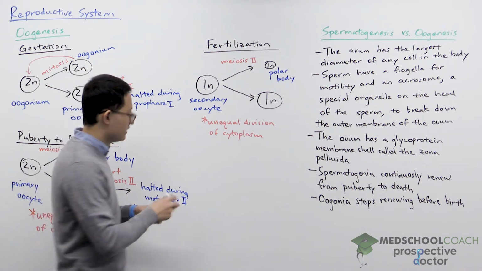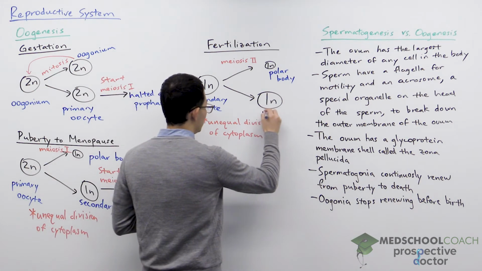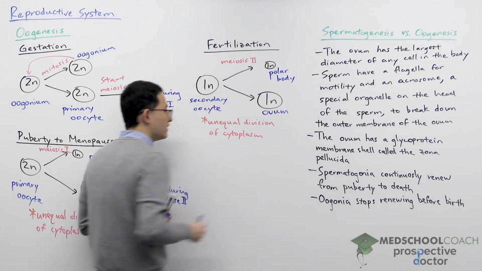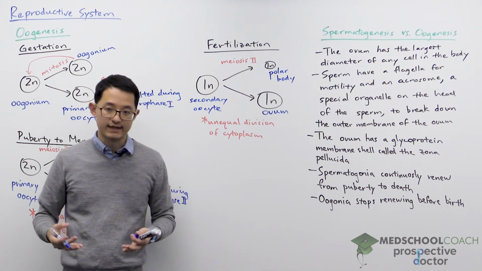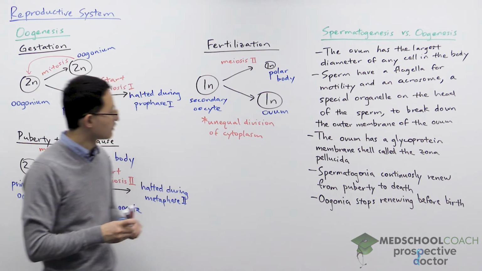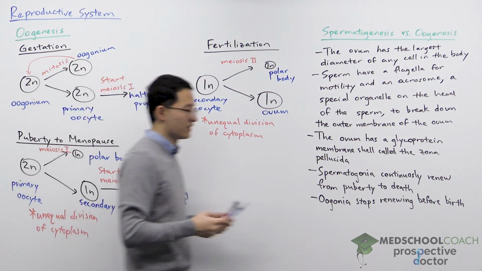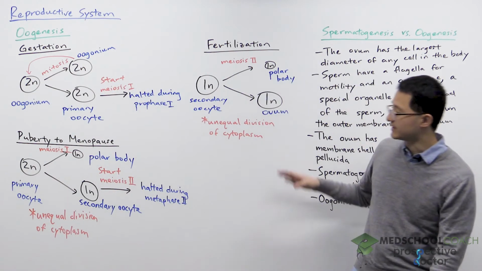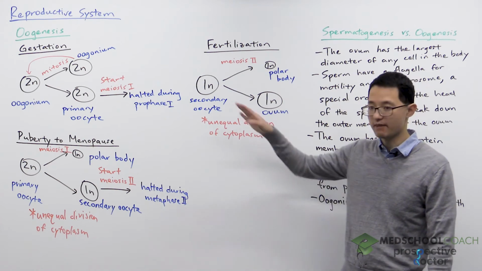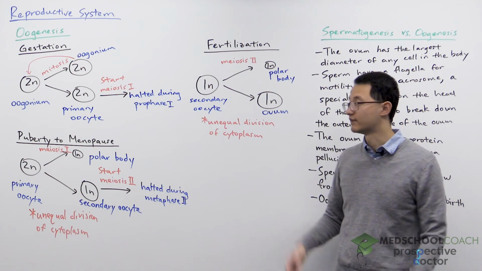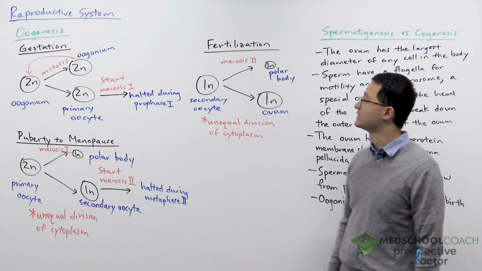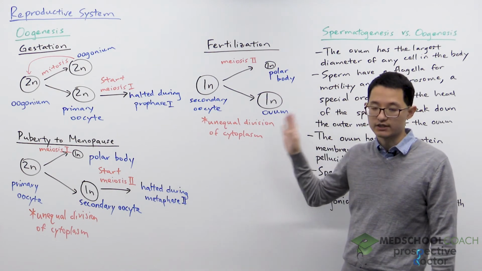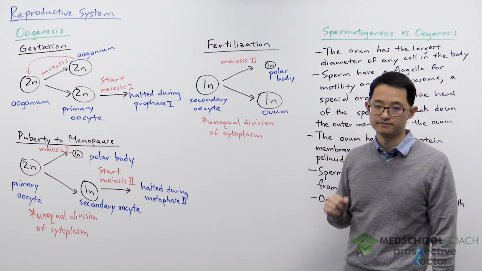This daughter cell is the ovum, and this ovum is then going to be able to fuse with the sperm to form the zygote. Okay, so this is the process of oogenesis in females. Again, the process is disjoint and happens at different phases during the life of the female: gestation, puberty to menopause on a monthly basis, and then fertilization if that process occurs.